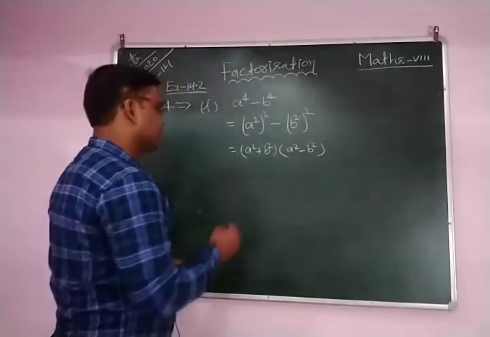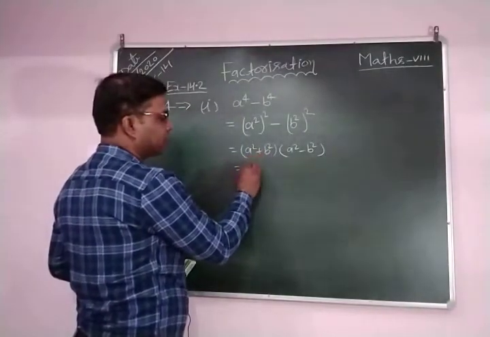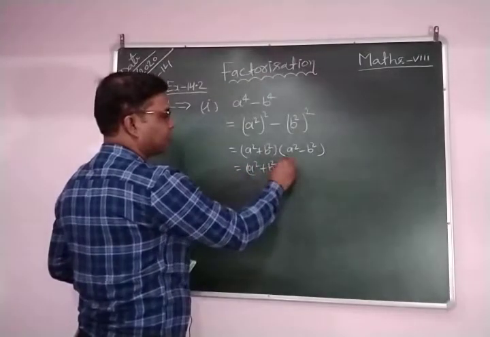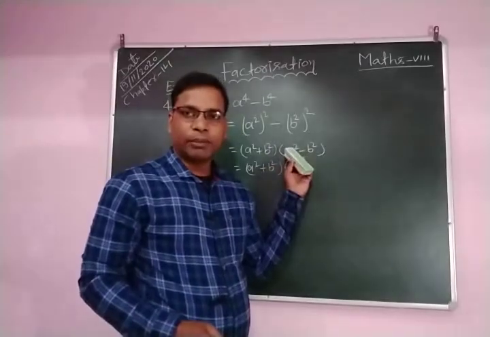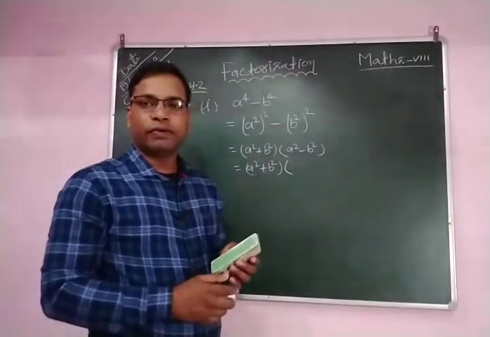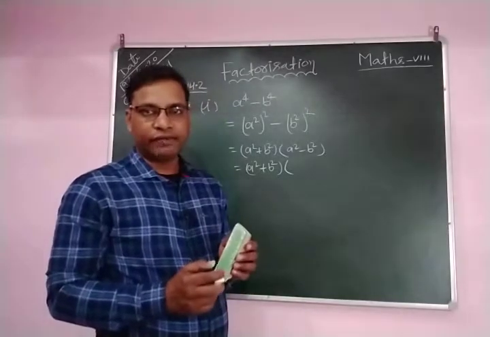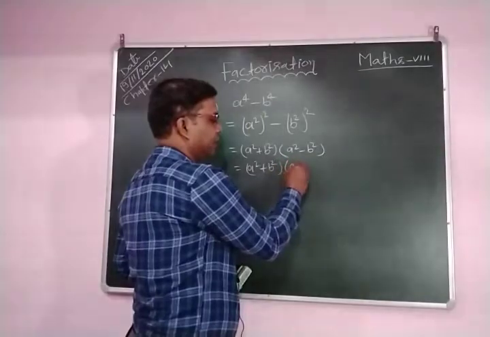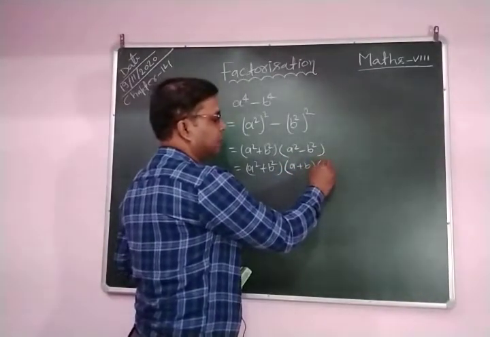So we can't find the factors of a square plus b square, so we write it as it is, but we can find the factors of a square minus b square. This is equal to a sum of and difference of.